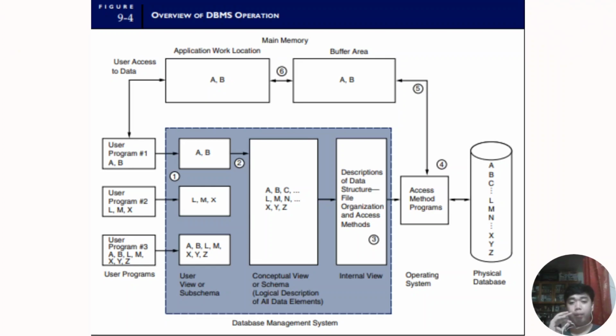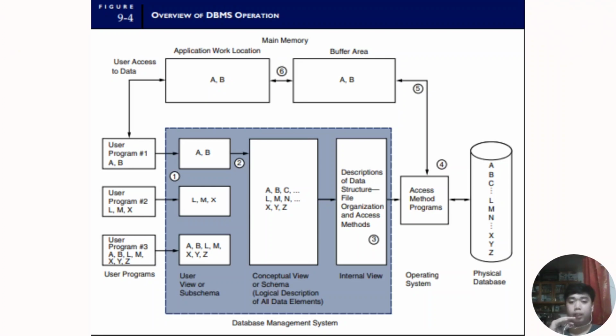Third, the DBMS determines the data structure parameters based on the internal view and conveys them to the operating system. Then the operating system engages in the actual data retrieval using these parameters. And these parameters encompass the organization and access method necessary for retrieving the requested data.